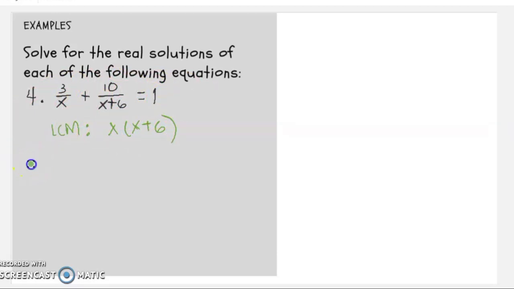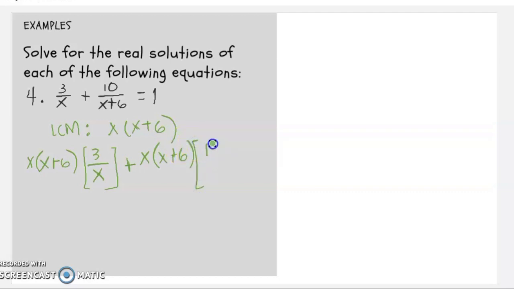So, this will become x times x plus 6 times 3 over x. Isa-isahin ko, gusto nyo? Okay, pwede naman. Plus, para mas maintindihan niyo. X plus 6.